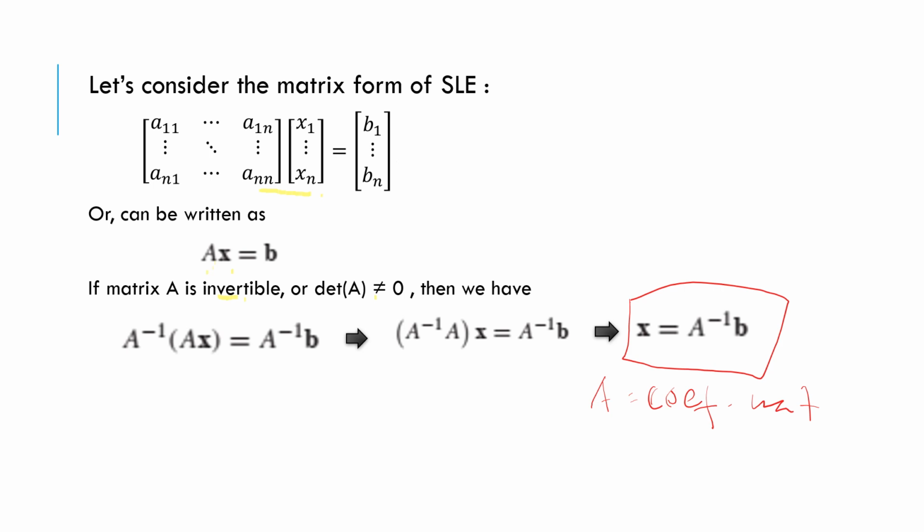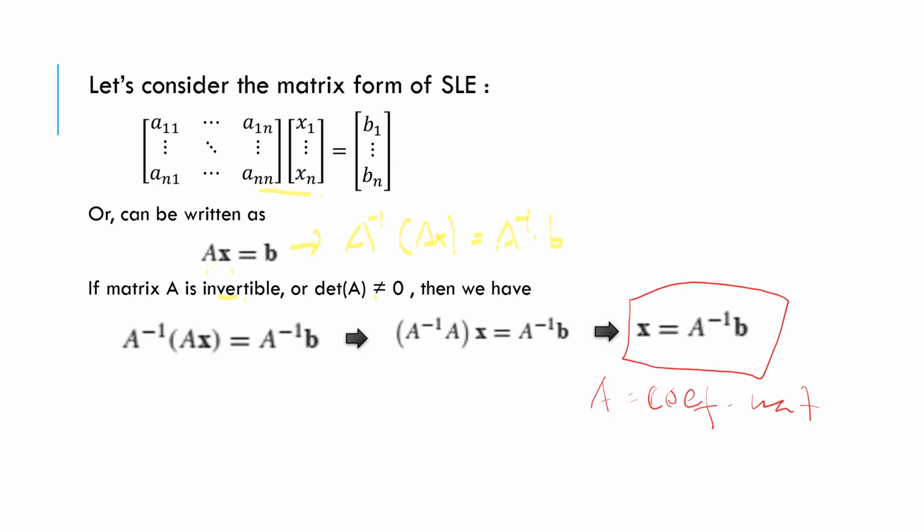And now from here, we will derive the formula of the solution, the unknown variables, by using the inverse matrix. So now we have this form, A x equals b. If we multiply A x equals b with A inverse from the left side, we have A inverse times A x equals A inverse times b. Both sides are multiplied by the inverse from the left side.